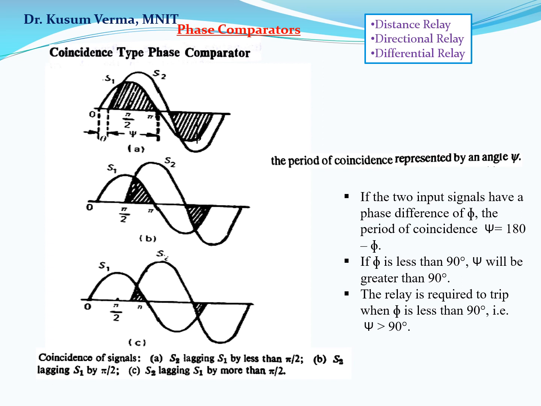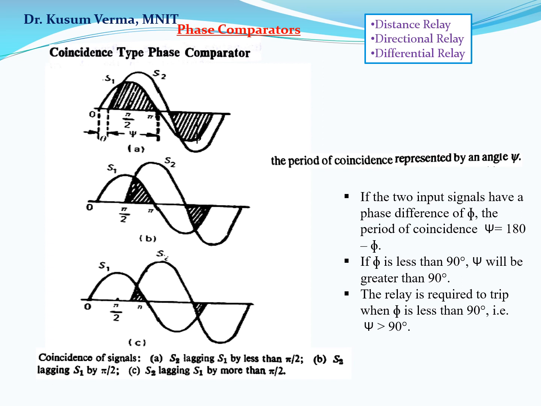So it can be seen that the period of coincidence is equal to the period of non-coincidence for a phase difference of plus or minus 90 degrees. And the period of coincidence is less than the period of non-coincidence, and vice versa, when the phase difference is less than plus or minus 90 degrees.